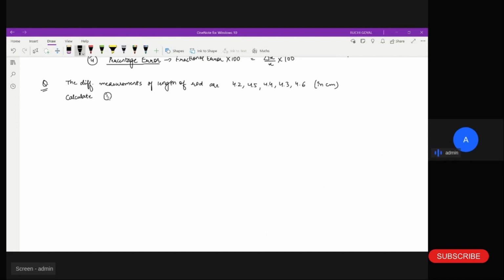Firstly, we have to calculate the mean value. Second, the absolute error. Third, the mean absolute error.